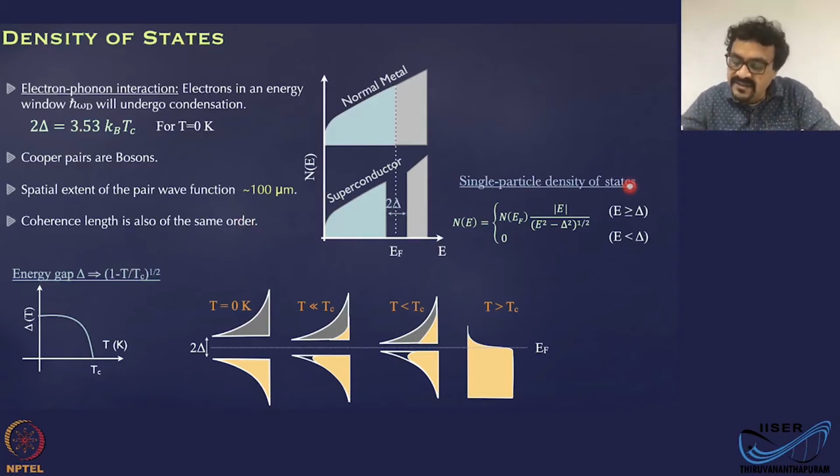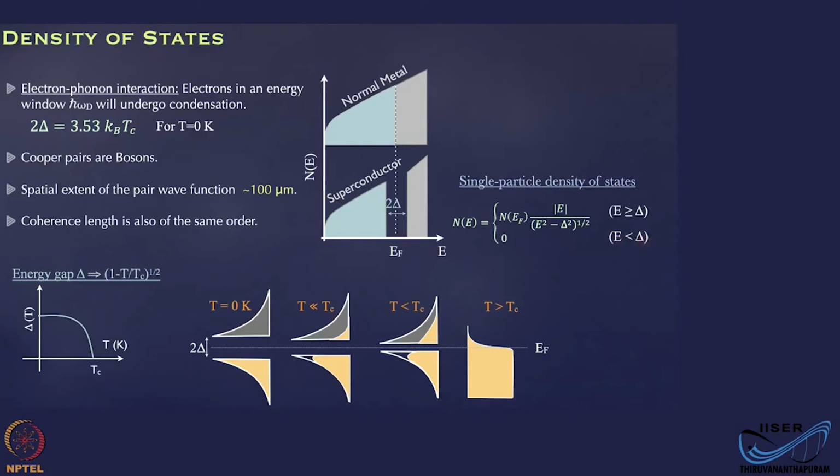And the single particle density of states, when I say single particle density of states, those are the density of states for electrons. As we discussed, when the energy is less than delta, this is referred from the Fermi energy, the single particle density of states is 0.